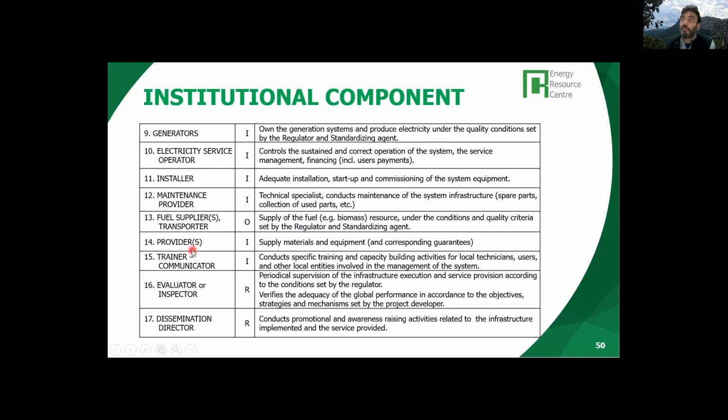Then, different providers of materials and equipment. Then let's not forget about training and communication in projects, especially off-grid, which is very important. When you start with pilot demonstration projects, the communication part is very important. Then you need inspection, evaluation, and dissemination, probably.